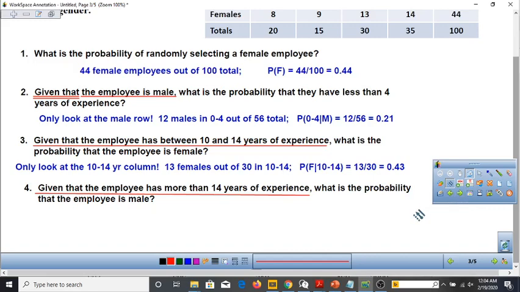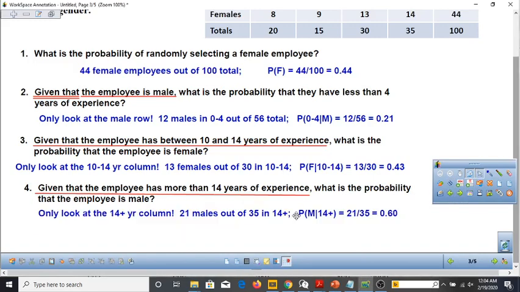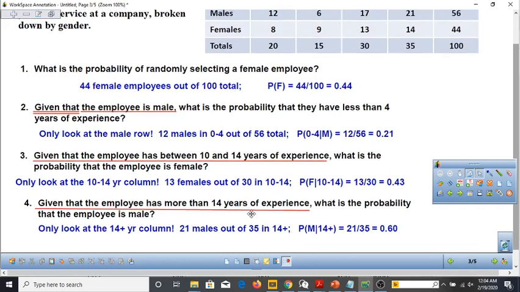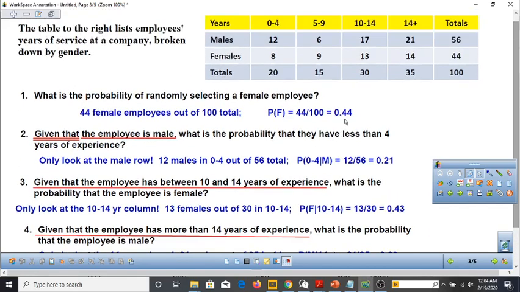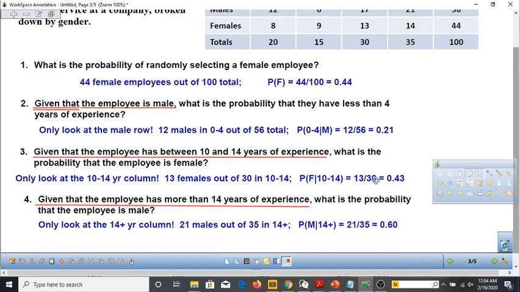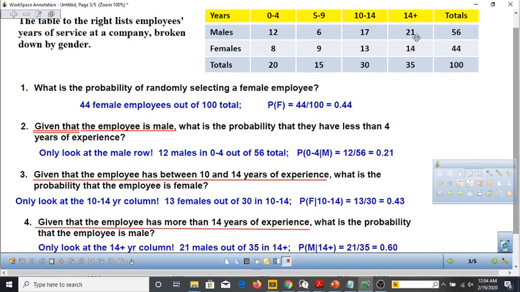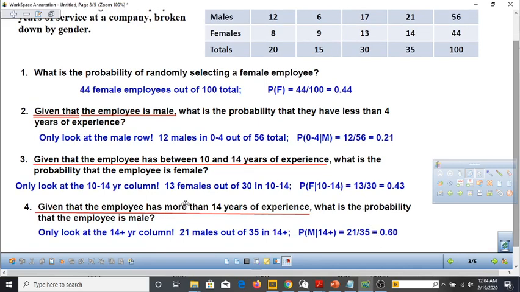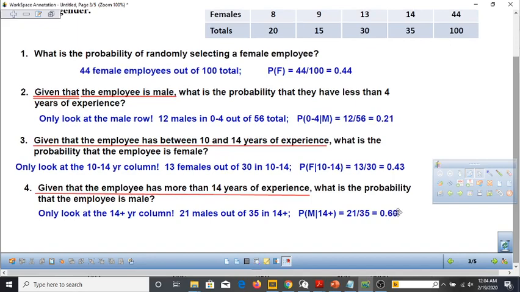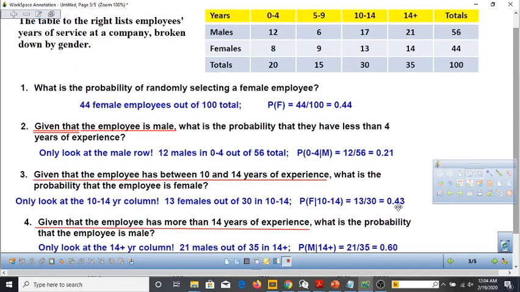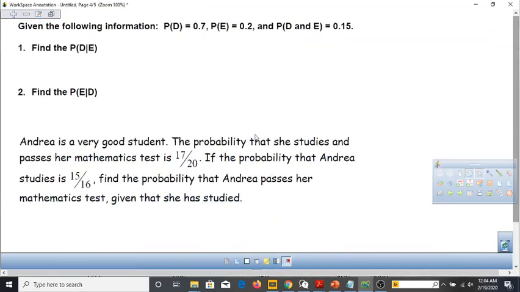So the answer is then going to be 14 over 35. Oh, sorry. More than 14, 21 over 35. I misread. I read the females instead of the males. So there are 21 males out of the 35 in all that come under that given that condition. 60%.